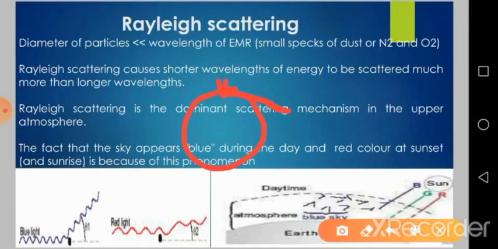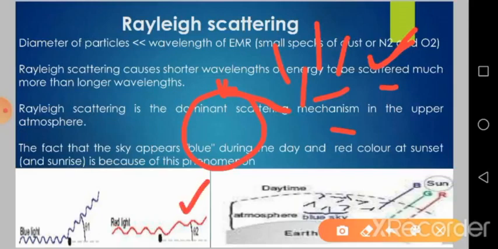As the blue band scatters more compared to the red band, ultimately during this travel path the scattered blue light is lost, and since the red band scatters less, it can directly reach our eyes, so that we can sense that the sky is red during sunset or sunrise. So this is the reason.